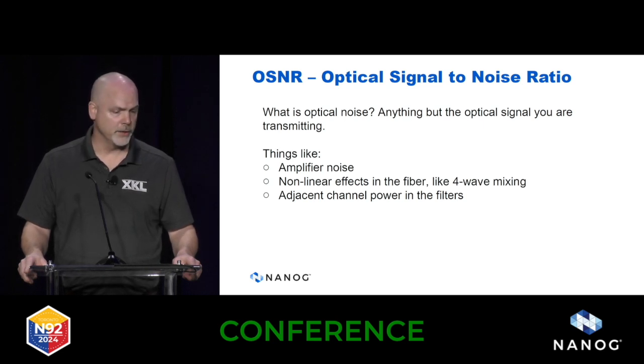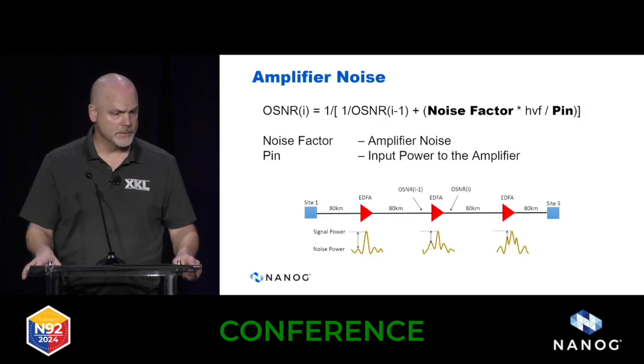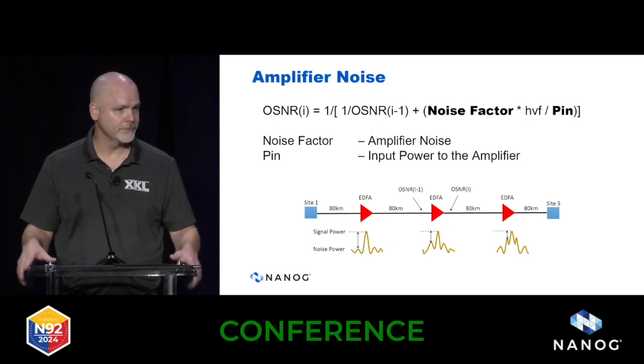And then adjacent channel power in the filters that I talked about just a minute ago. So these are all the main sources. There are others, but these are the main sources for noise in your network. And so what can you do to take care of them? Well, one of the things you can do here, and I know it's a heavy lift, it's just an equation.